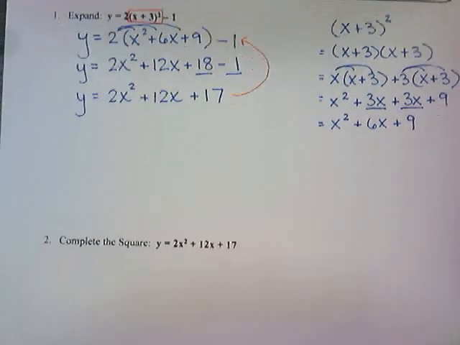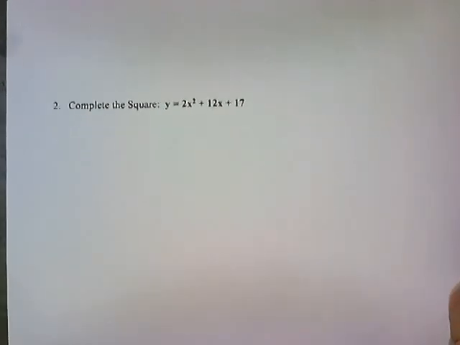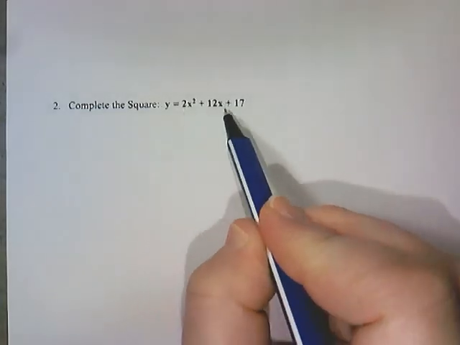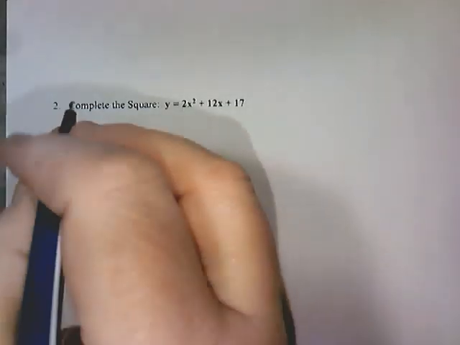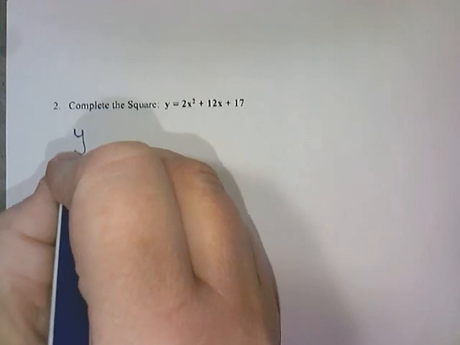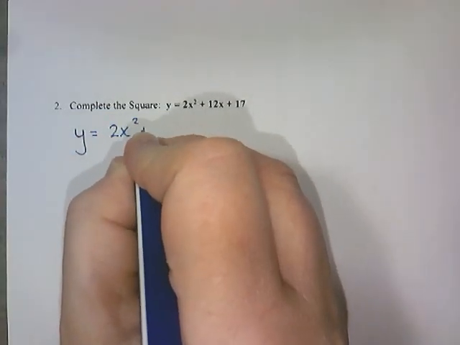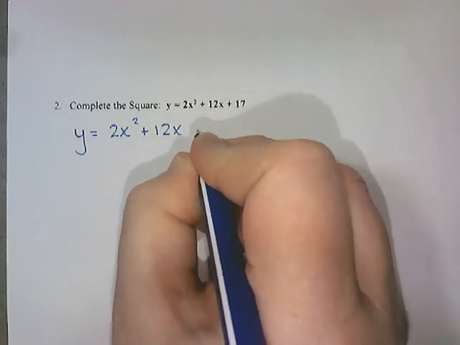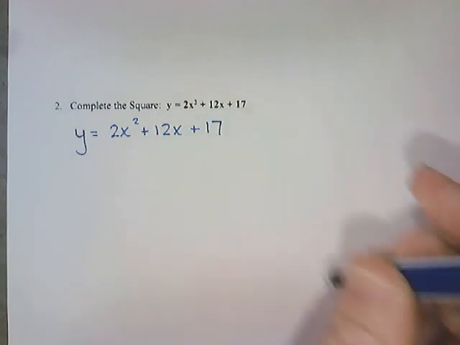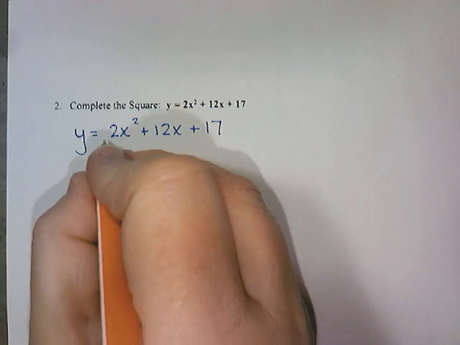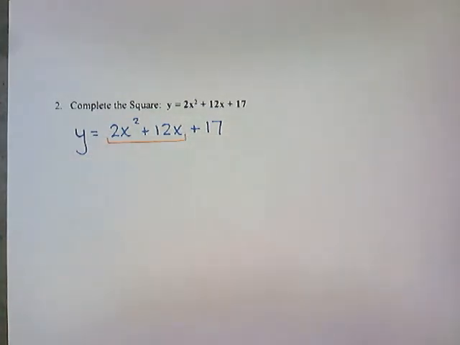So we do that by taking all the terms that have an x and grouping them together. So I'm going to write, we have y equals 2x squared plus 12x plus 17. And we are going to group just the first 2 terms together.